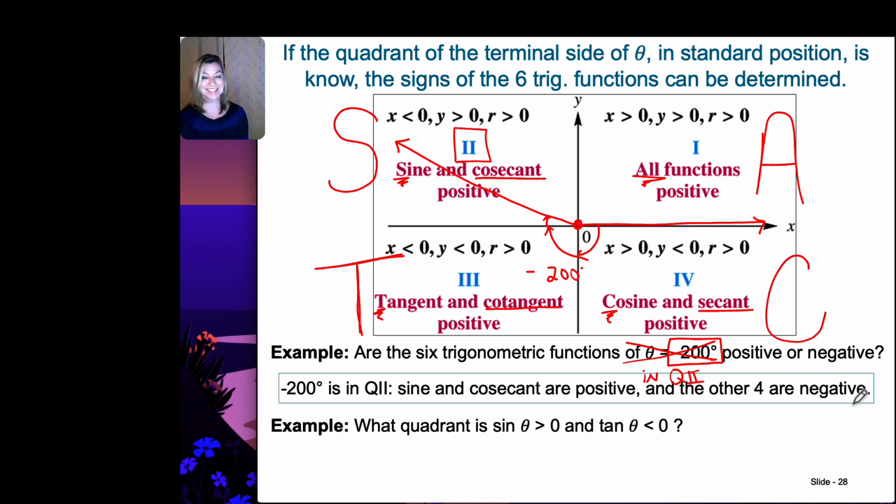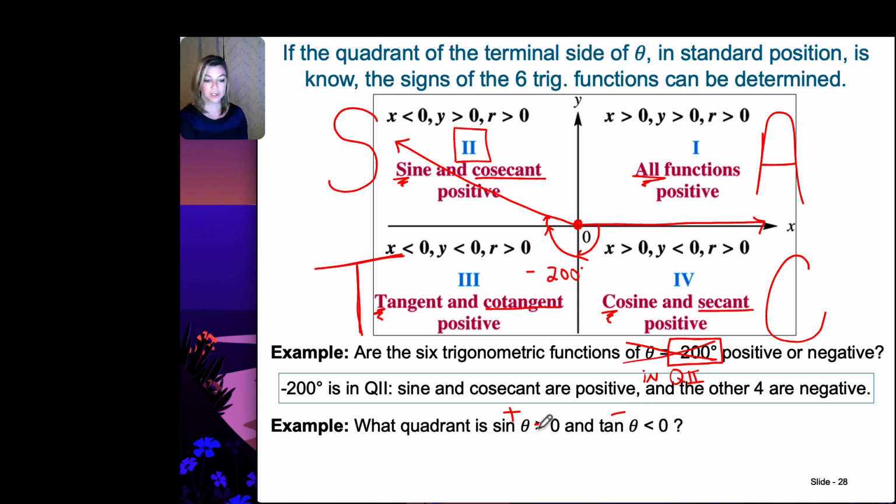All right, let's try one more. It says, which quadrant is sine of theta greater than 0 and tangent of theta less than 0? I'm just going to restate that slightly as which quadrant is sine, instead of greater than 0, I'm going to write positive, and tangent of theta, instead of less than 0, I'm going to write negative.